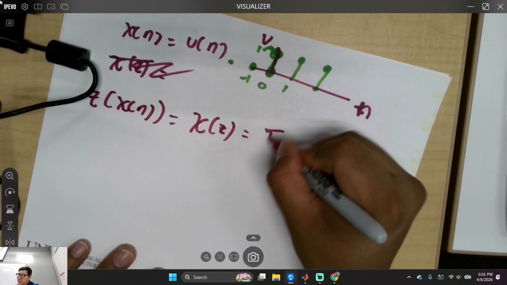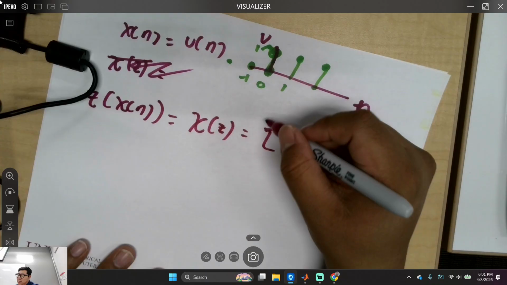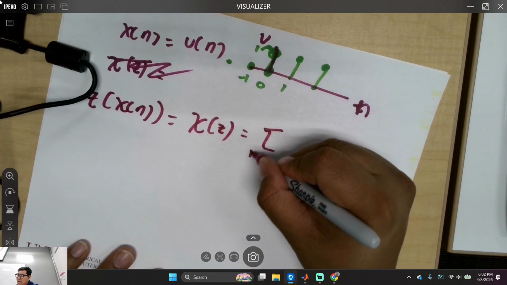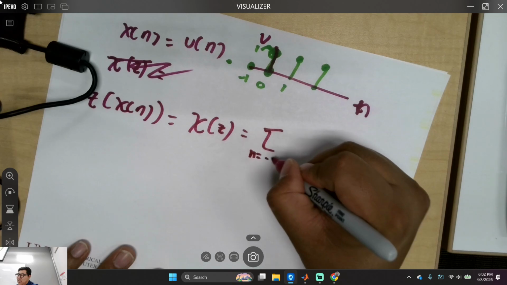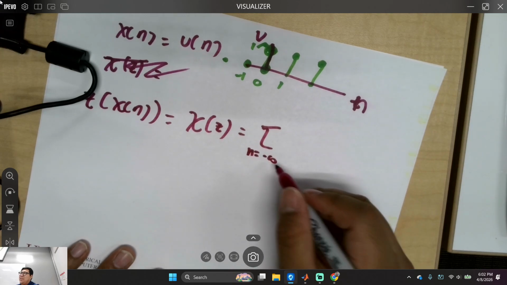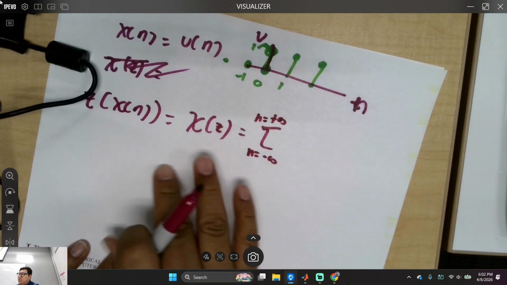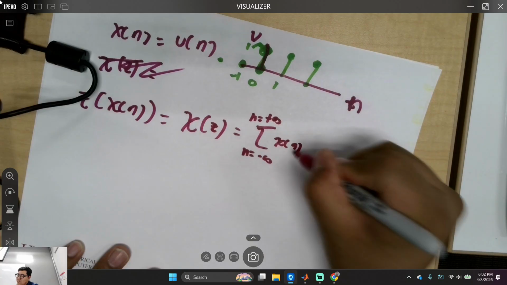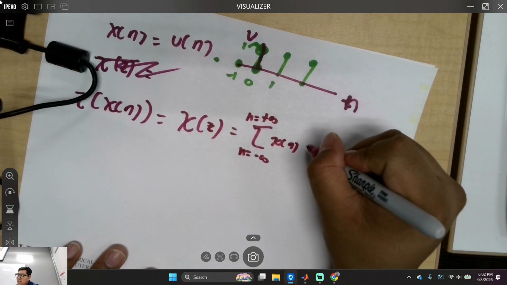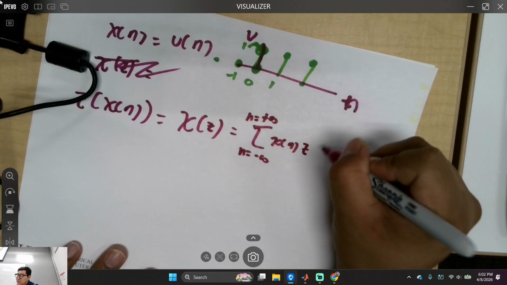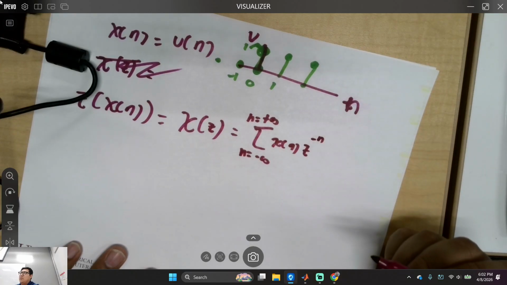We're going to analyze the entire signal, from negative infinity time to positive infinity time. We're looking at the whole signal, right? And then it was z to the -n? Is that correct?